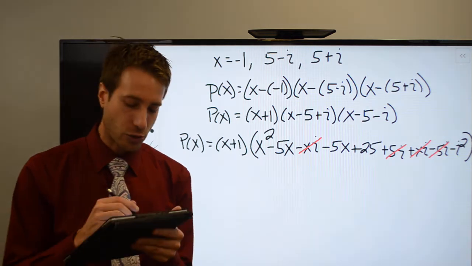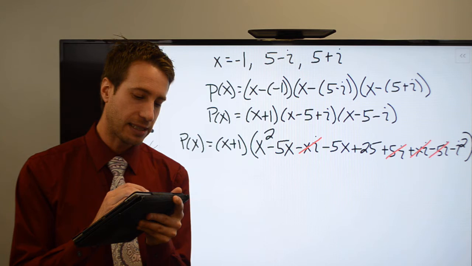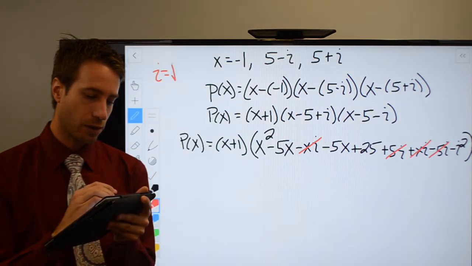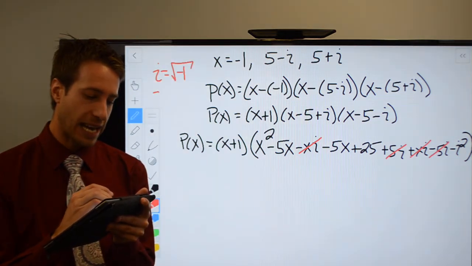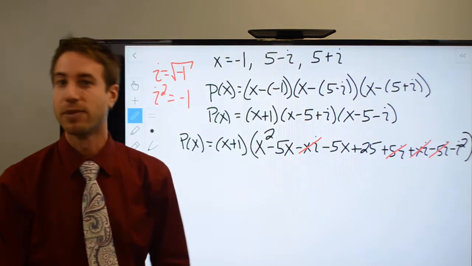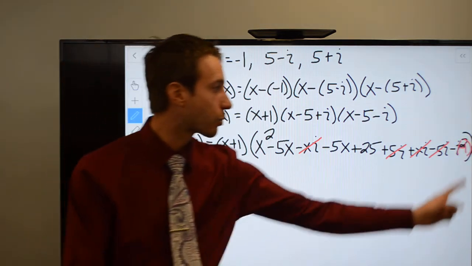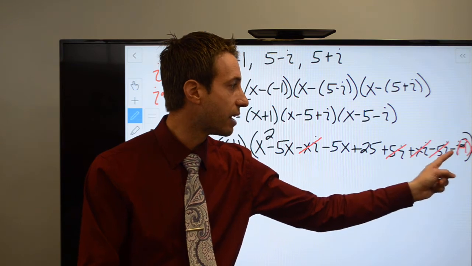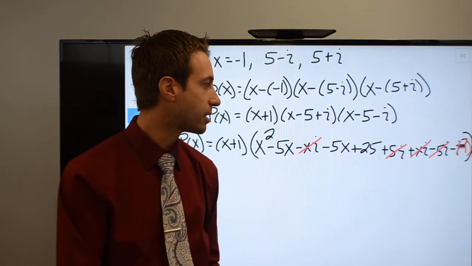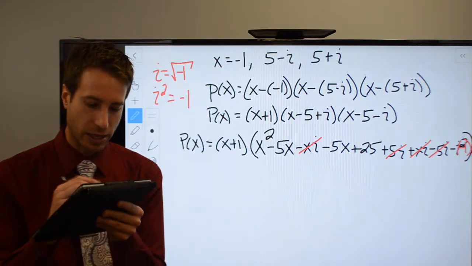Hopefully what you remember from chapter 4, and if you don't, I'll write it right here: i is equal to the square root of negative 1, and i squared is equal to negative 1. Well, I have a minus i squared. i squared is equal to a negative 1, and negative times negative 1 is a positive 1. So I'll just add that to the 25, and that'll give me a 26.